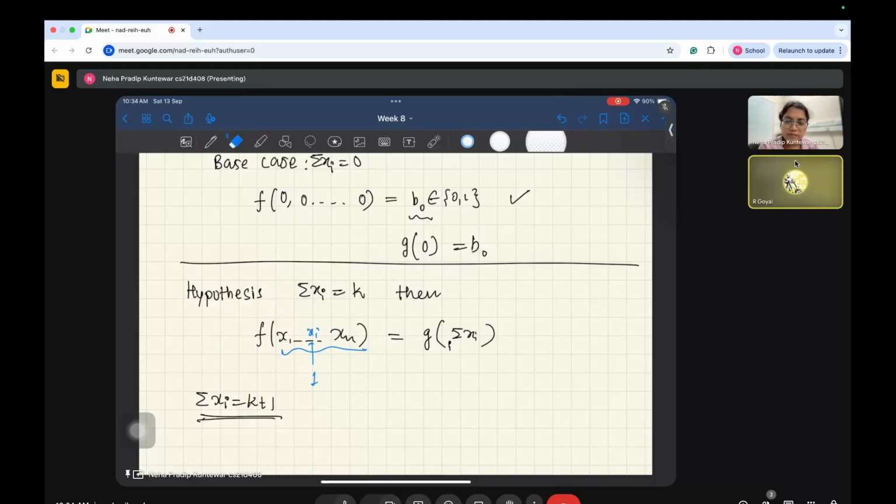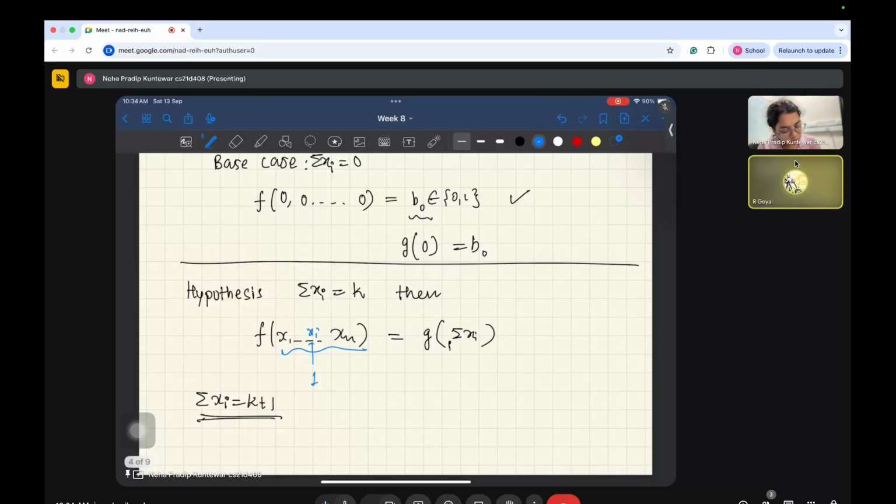So in that case, say it is true for f of x1 till xn minus 1, and that equals g of the summation of xi's, where i varies from 1 to n minus 1. And now we will show that this is true for the summation of xi equal to n, equal to k in this case.